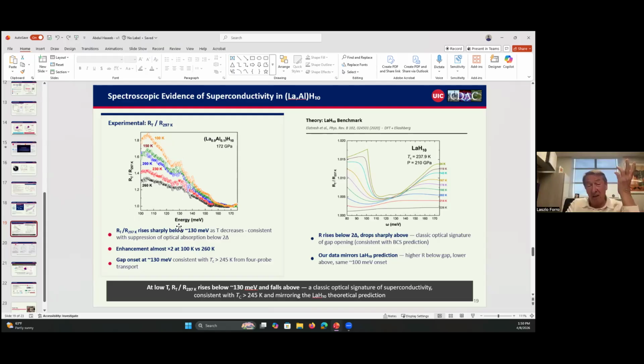Yes, because below the gap energy, you would expect total reflectance, right? 100% reflectivity. Yeah, but that's not possible in DACs because of the low aperture, with all the pieces around. But I would say that the data are promising. I wouldn't say that they are convincing, but promising.